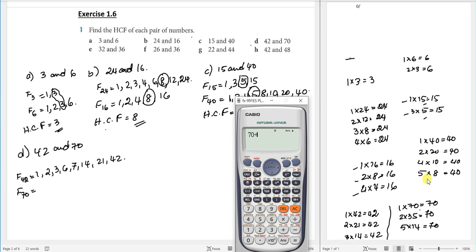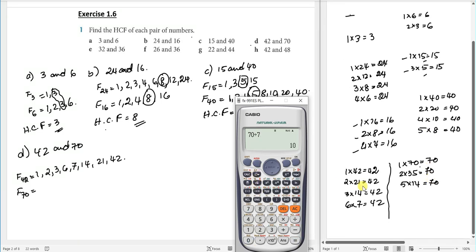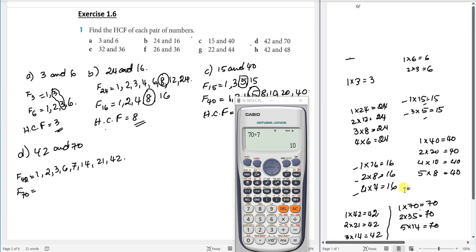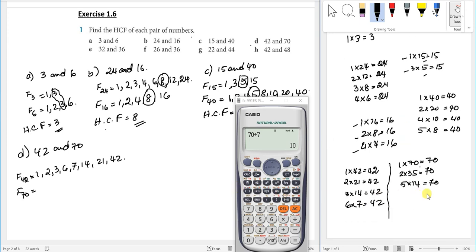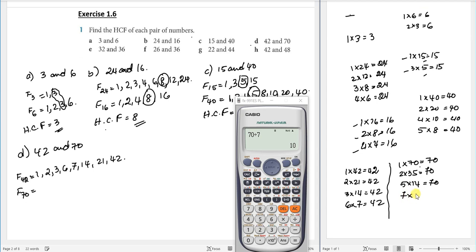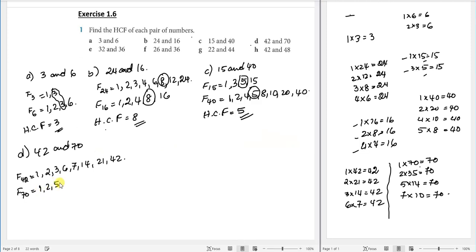So 70 divided by 6, 7, okay. Seven times 10 is equal to 70. So the factors are 1, 2, 5, 7, 10, 14, 35 and 70. So HCF, let's find the highest common factor, is 14.